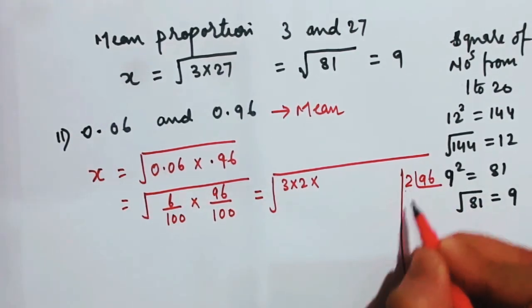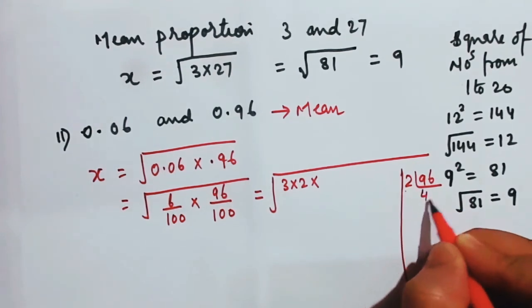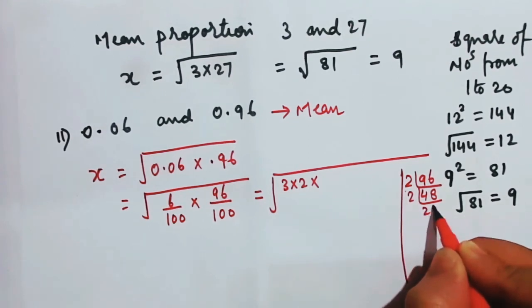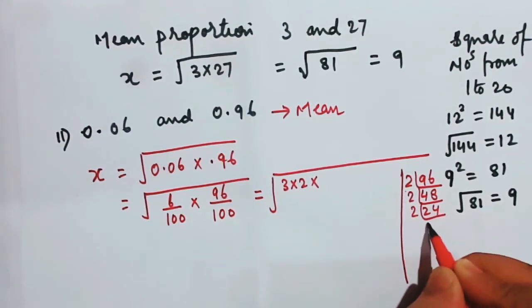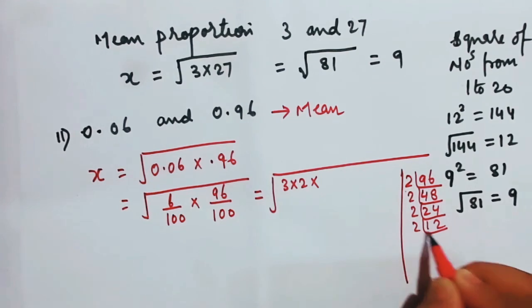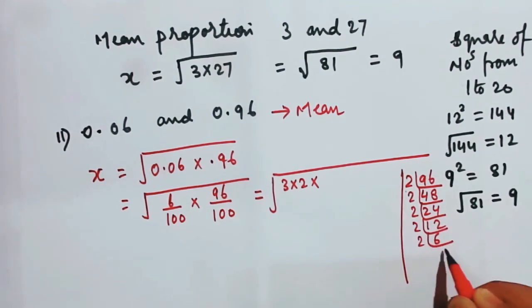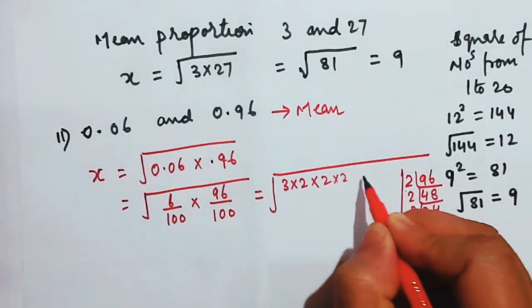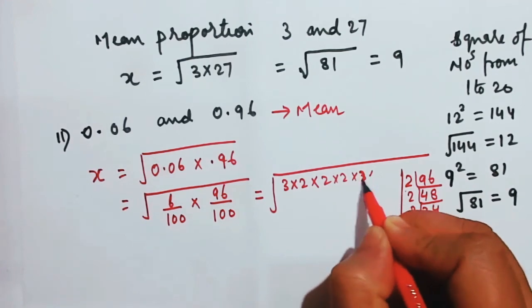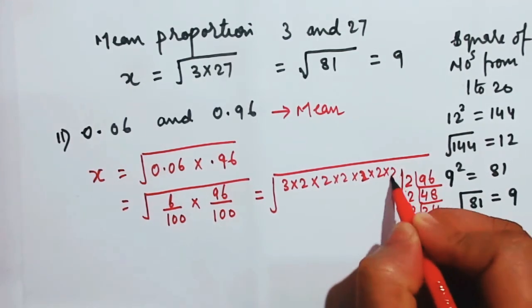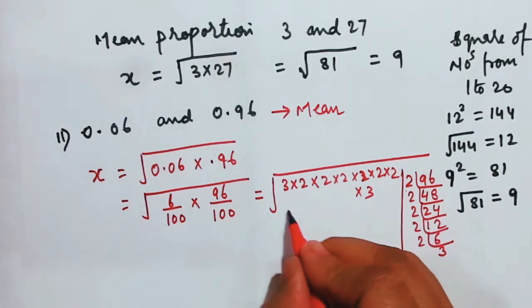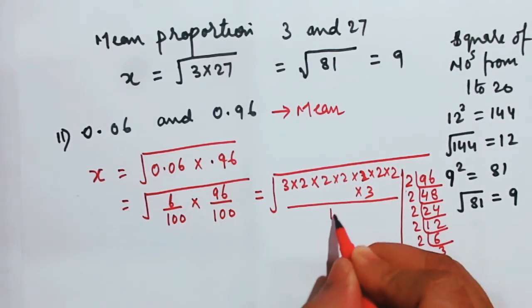Come on, let us find the factors. 2 how many times? 2 48 times. Similarly, 2 24, again 2 12, 2 6, 2 3. That means five 2s and then one 3 is over here, divided by 100, divided by 100.